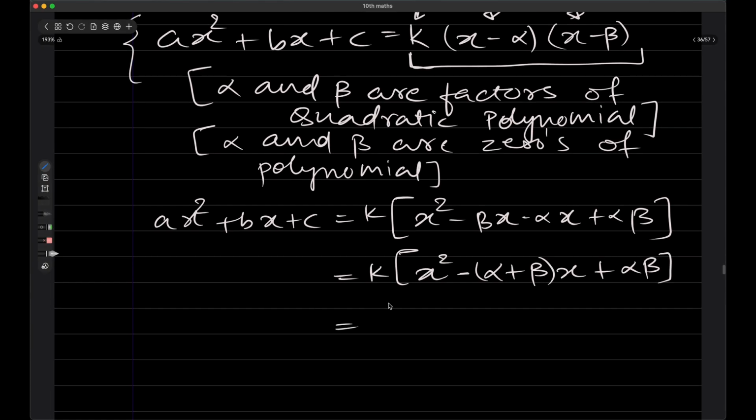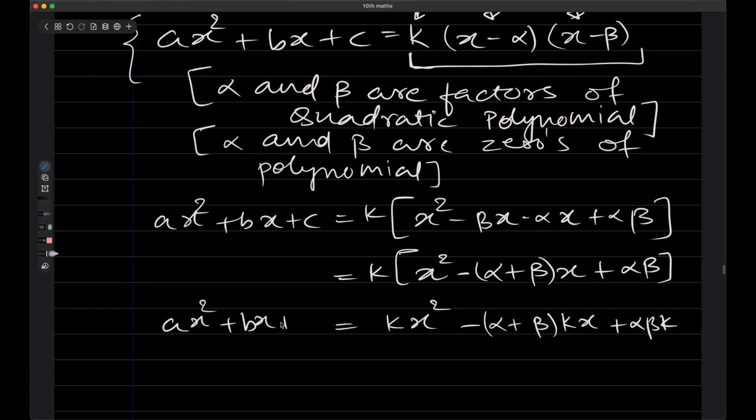If I multiply k inside, that is kx square minus alpha plus beta into kx plus alpha beta k, that is equals ax square plus bx plus c.